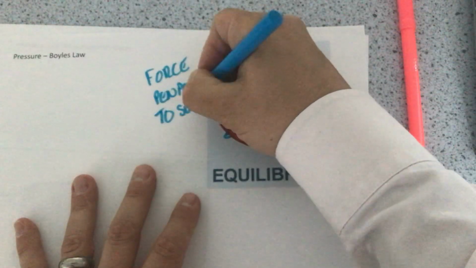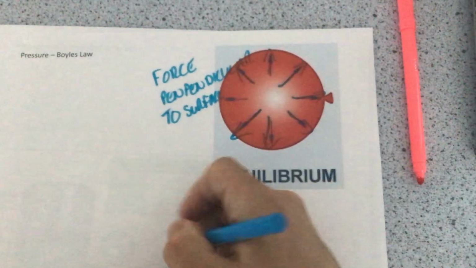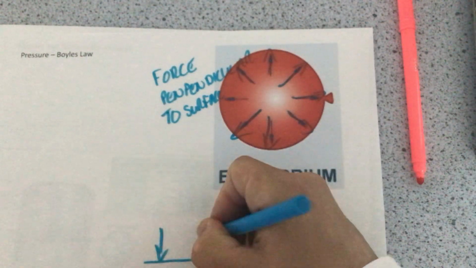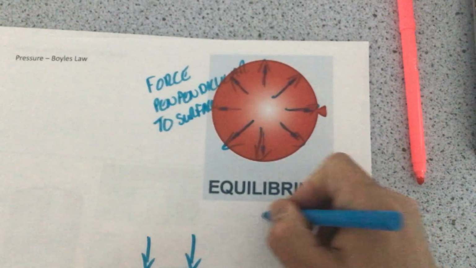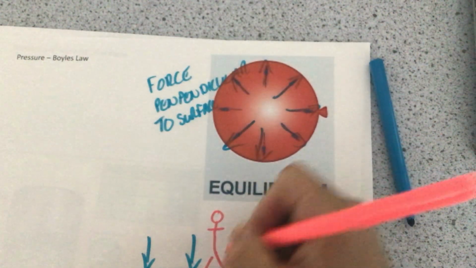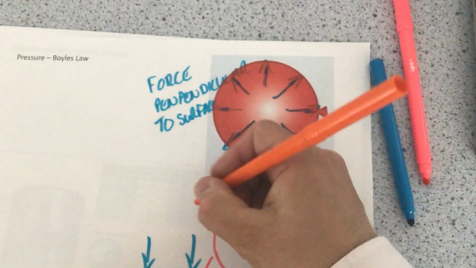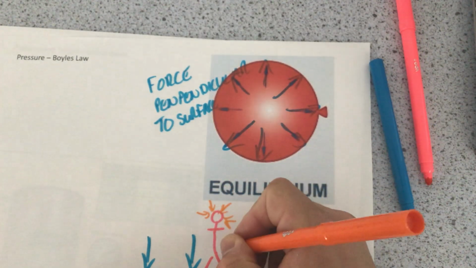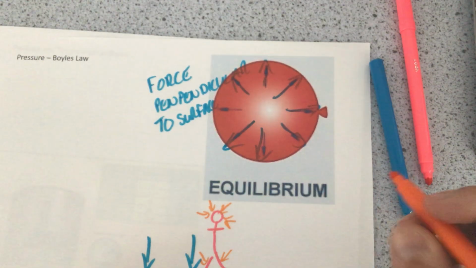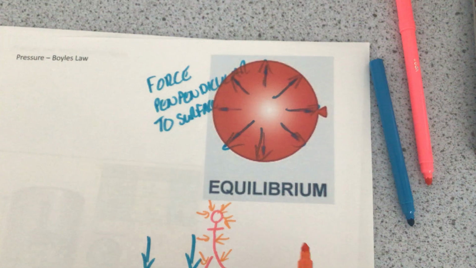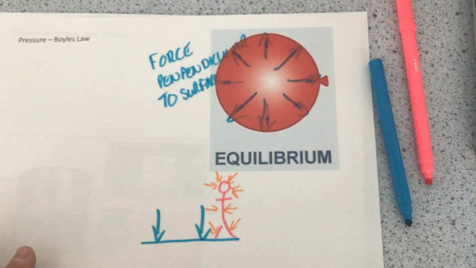And that's any surface at all. So if the floor is here, then the pressure that the gas exerts on the floor is perpendicular to that surface. If I am stood on the floor here, and this is me, then the pressure acting on me is perpendicular to me, depending on which way I am facing and which part of my body the force is acting on. Okay. Any surface, the force is always perpendicular to the surface.